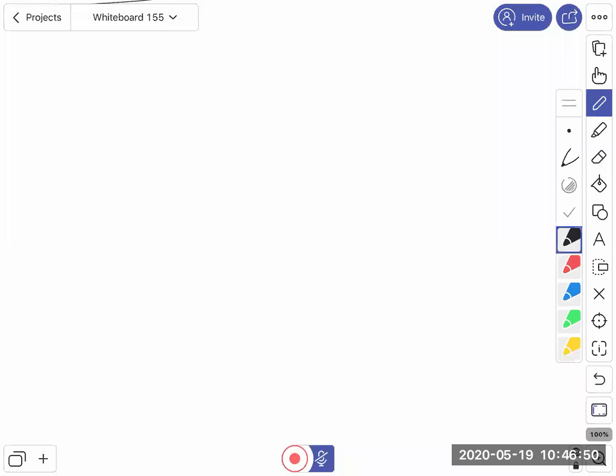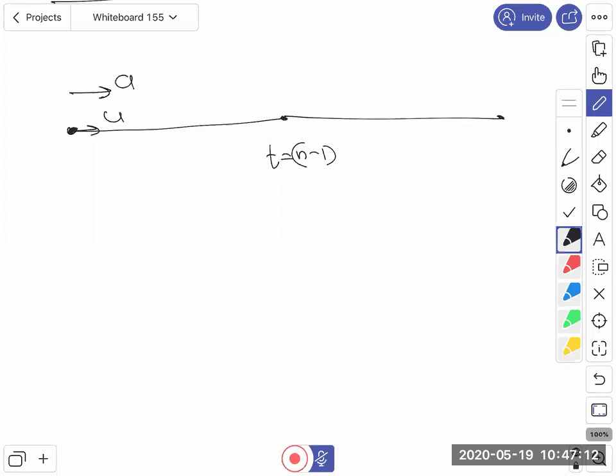So our aim is to find out the value of displacement in the nth second. We can consider it like this: a particle starting from here with a uniform acceleration, let's say a, and its initial velocity was u, and it reached a point over here when time is equal to n minus 1 second, and it reached a point over here when time is equal to n second.